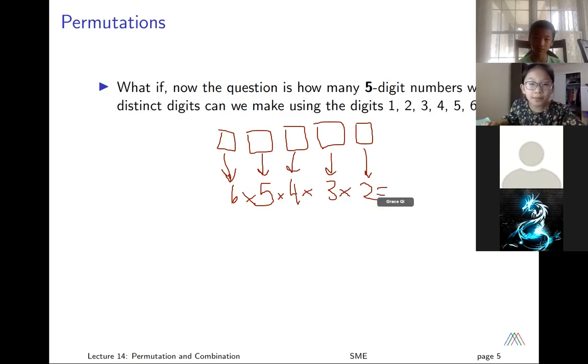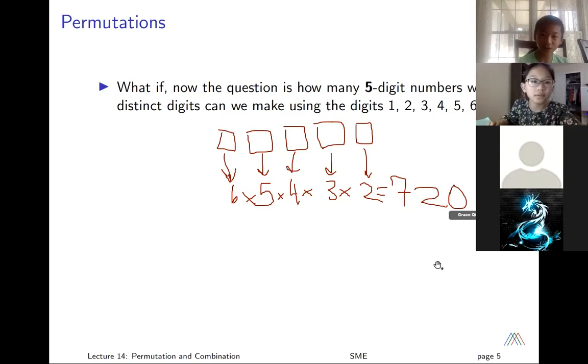Which is basically the same as the 6 digit, just it doesn't have the 1, because if you have no digit, then it would be the last digit that you hadn't used. And like last time, this is 720.